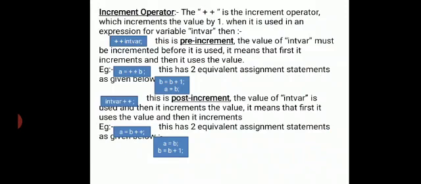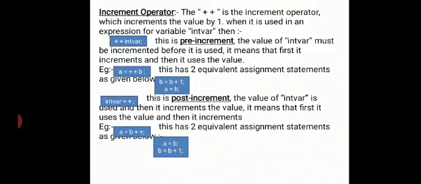Increment operator. The plus plus is the increment operator which increments the value by 1 when it is used in an expression for a variable, int var. Then plus plus int var, this is pre-increment.